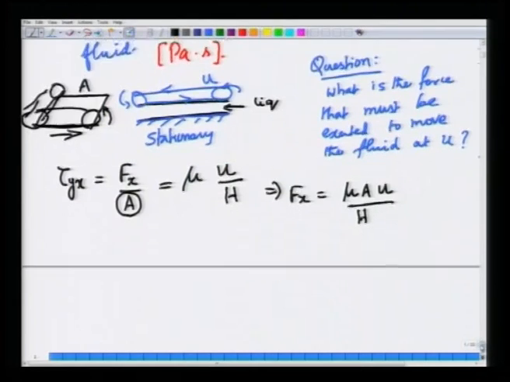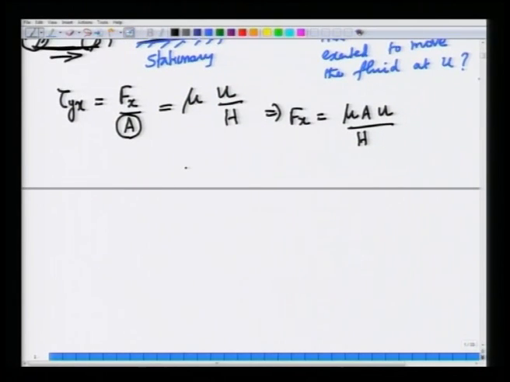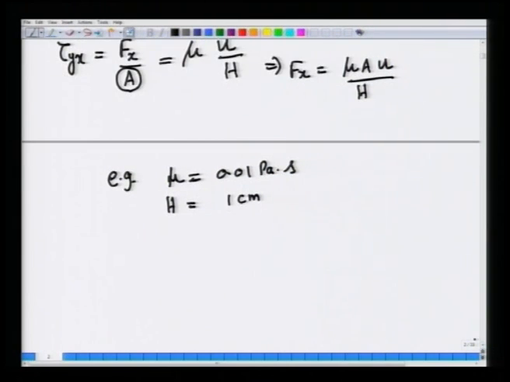Suppose we know the values. Suppose you are interested in dragging a viscous liquid using a belt. Let us say, for example, the viscosity is 0.01 Pascal second. Let us say the gap thickness is 1 centimeter, and we should convert this to SI units, which is 10 to the minus 2 meters.